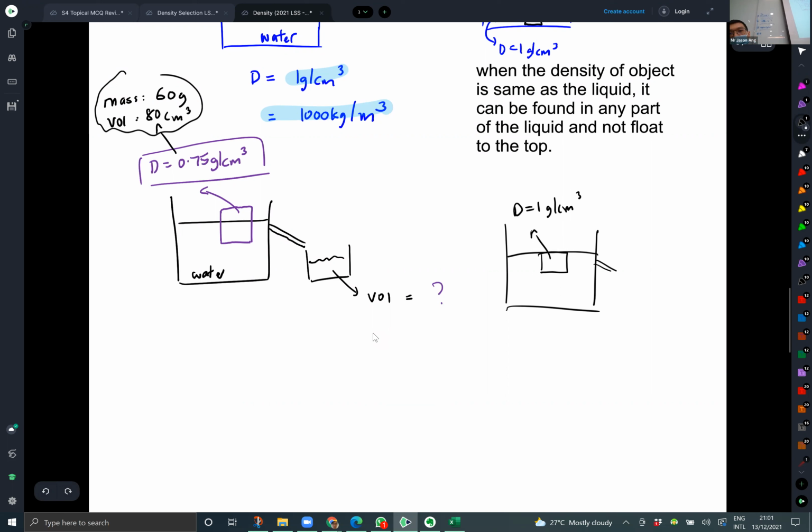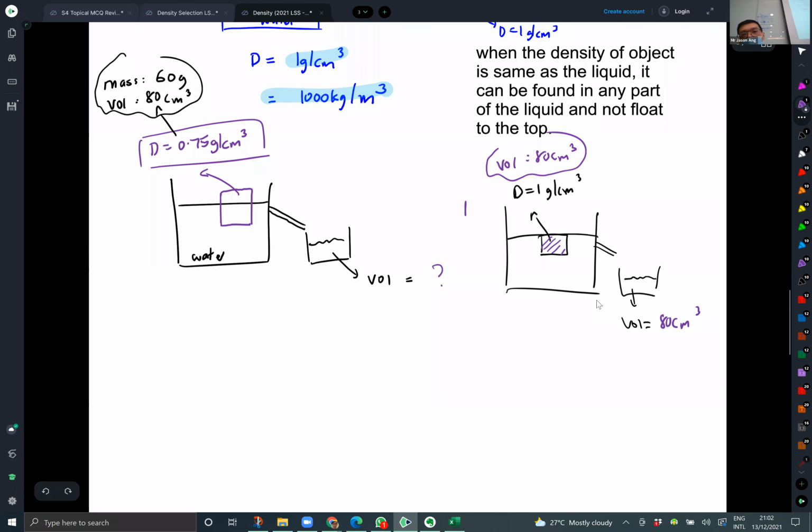Then we know whatever that is collected will be the exact volume of this object here. Let's assume it's the same box we are talking about. Okay, let's say the volume of the box is 80 cm cube. Because we know that this has the same density, you can submerge it entirely like this, and then it will not float. Then the volume collected will have been 80 cm cube.